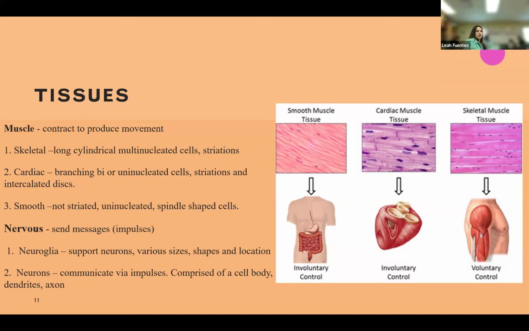But where do we think we find nervous tissue? Spinal cord, yeah. Spinal cord, brain, that would be our nervous tissue. And that's really all you need to know for nervous tissue: that it sends messages, where it's found, and that it's one of the 4 types of tissues.